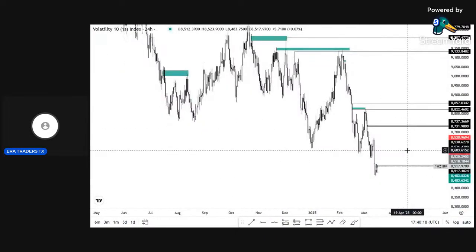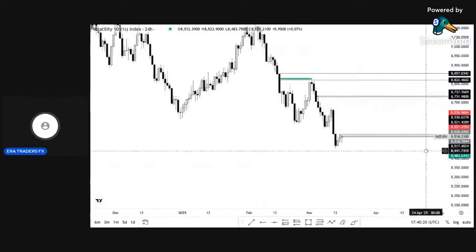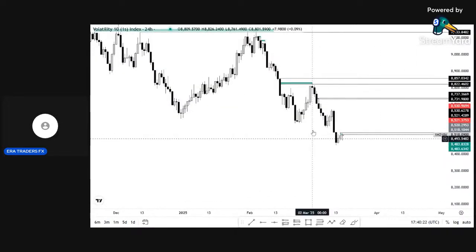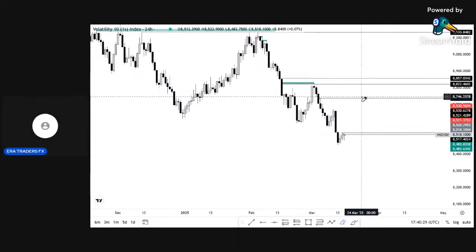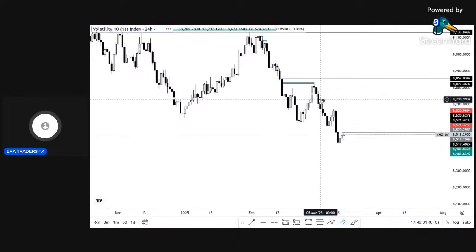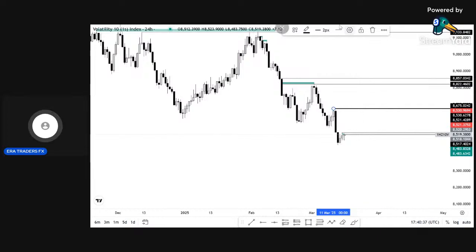So we're still expecting more drops to the down, and you see our price has been respecting our POI and all. Now, basically, what can we see from the 24-hour time frame? Let me just remove this. This was the lower time frame entries and all. We could say this is liquidity.